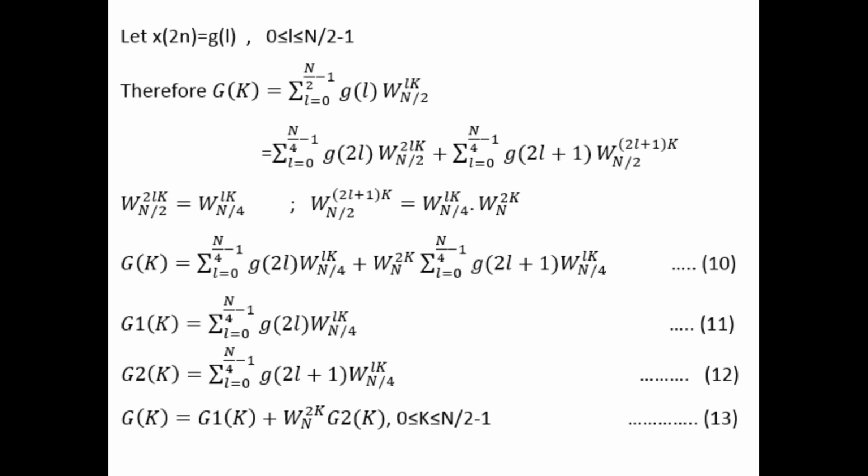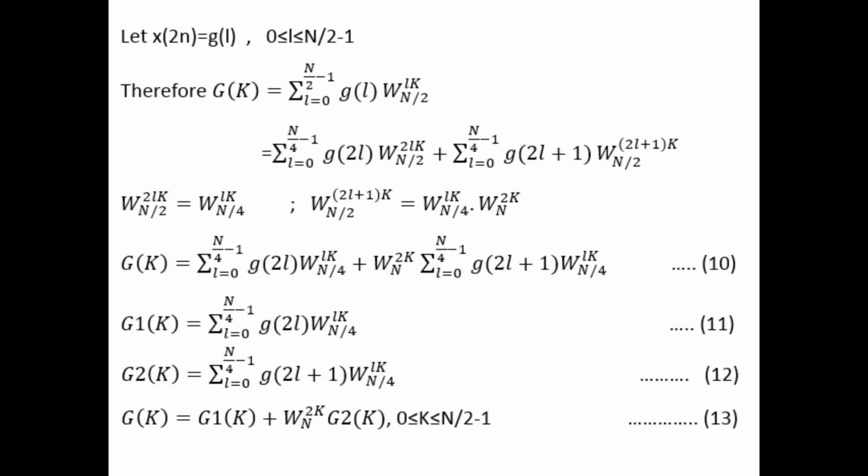Then g1 of k is equal to summation l is equal to 0 to N by 4 minus 1 g of 2l into omega N by 4 of lk. We can call it as equation number 11. g2 of k is equal to summation l is equal to 0 to N by 4 minus 1 g of 2l plus 1 into omega N by 4 of lk.